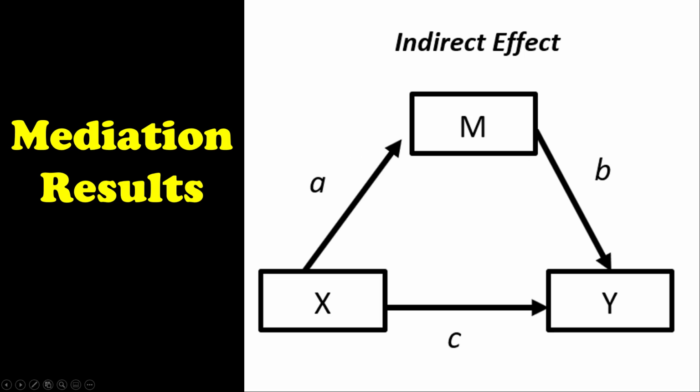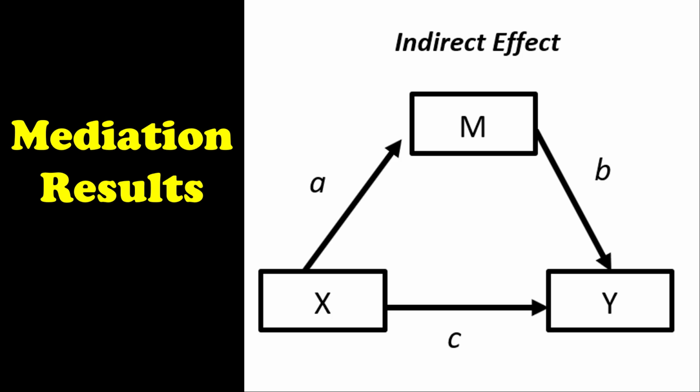The other thing that you will see too is mediation results and how to present those. So initially, for instance, in a model like this with x going through m to y, in our structural results, we would probably present this a path, or x to m, and the m path to y, which is the b path.